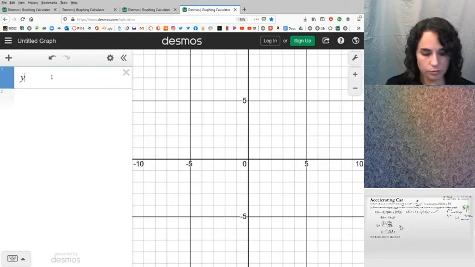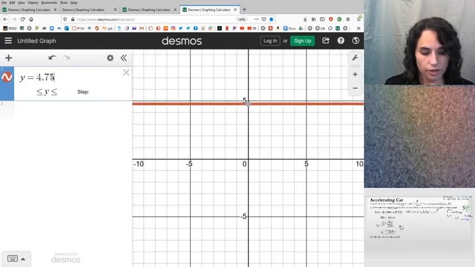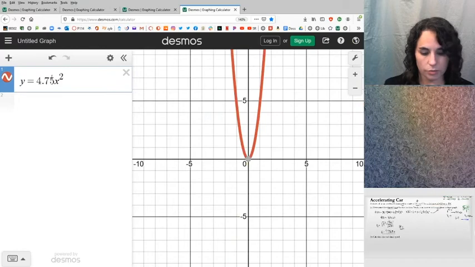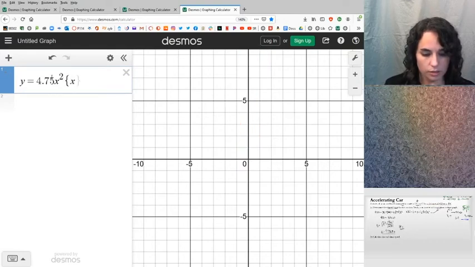I'm going to use x and y variables, 4.75 x quantity squared, and that's fine. I'm going to limit this domain. We started at t equals 0, 0 less than x, and I'm going to limit it to 10 seconds because it seems like it doesn't go farther than 10 seconds, but that's fine.